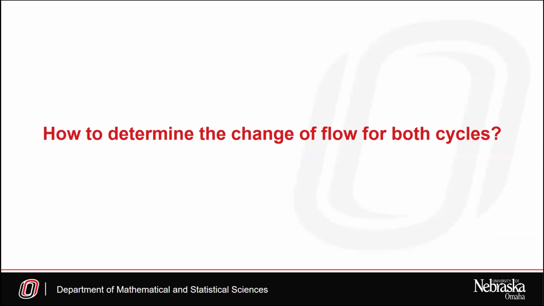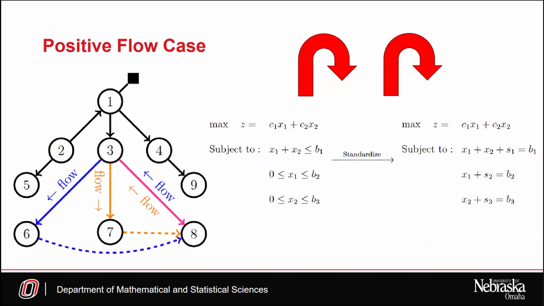So now how do we determine the change of flow, since we know all this information? Well, we're going to need to construct two variable programs determining if both cycles are with each other in the direction of flow or against each other.